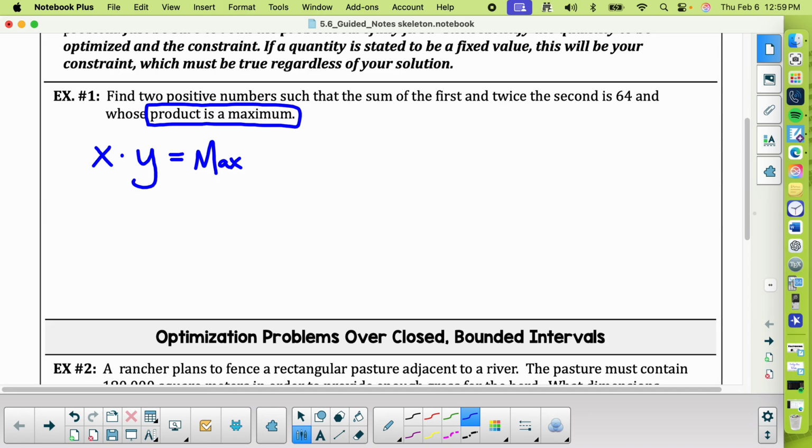On the problems we've just been doing for the past week, how did we go about finding a maximum? First derivative test. We're going to do the first derivative test on this info, which currently seems insane, but we'll get there.